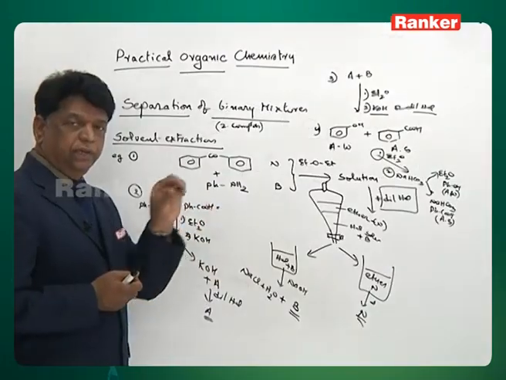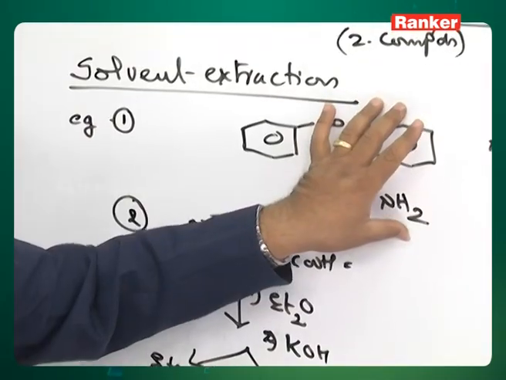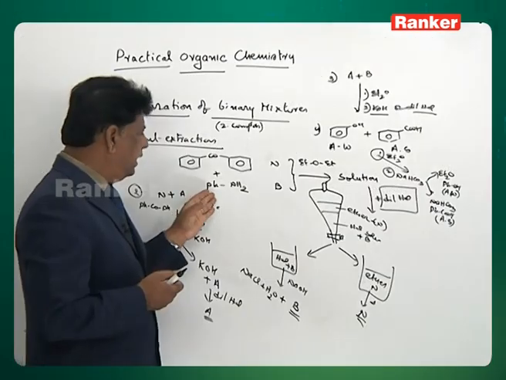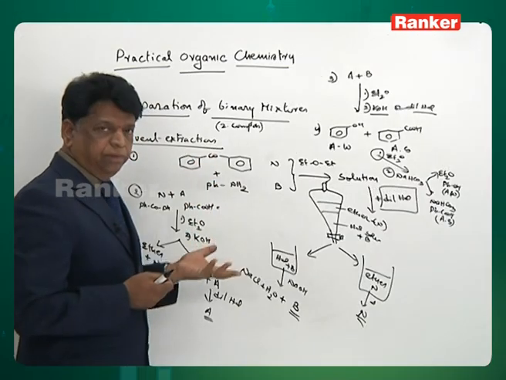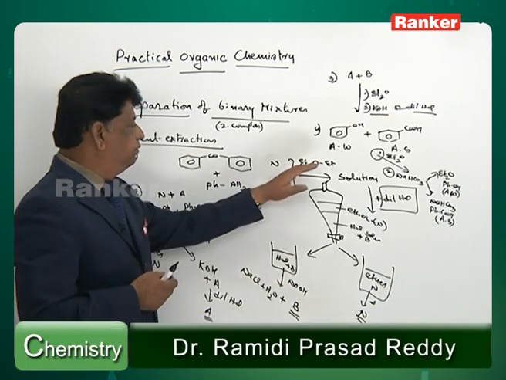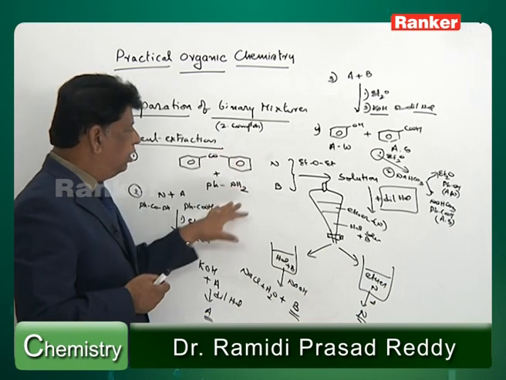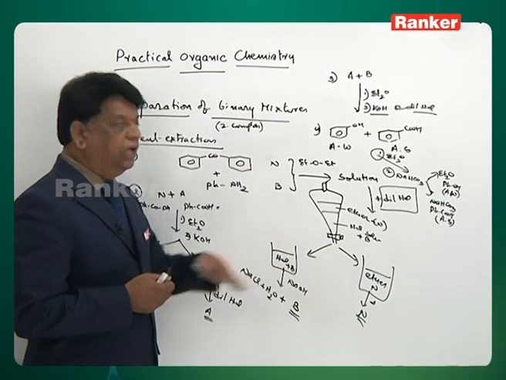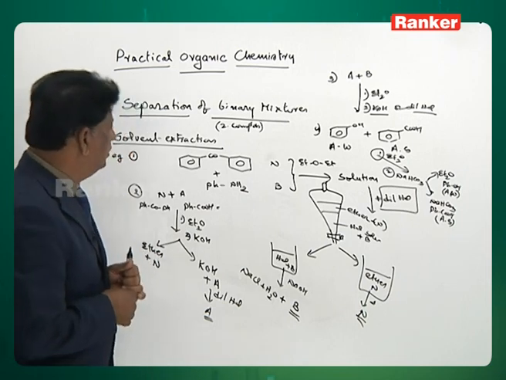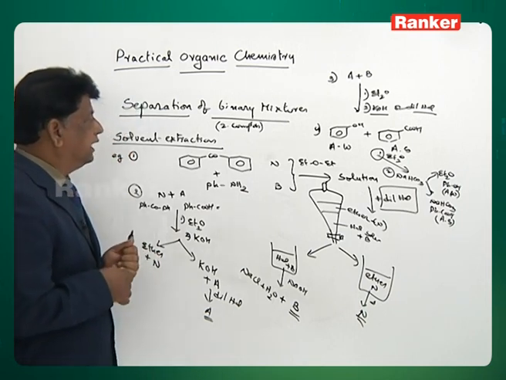So, choose one solvent, dissolve in a suitable solvent first of all, that is very important. Directly also you can add, but sometimes one is solid, therefore solubility will be the problem. First you dissolve in this one, remove the insoluble one, and both are soluble perfectly. After that only apply this solvent extraction, and that is called the separation using the solvent extraction method.